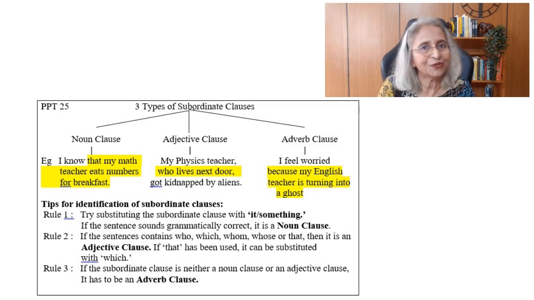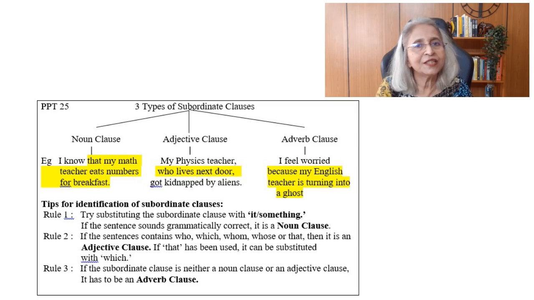I know is an independent clause, whereas that my maths teacher eats numbers for breakfast is totally dependent on I know. Therefore, it is a noun clause. It is a dependent noun clause.